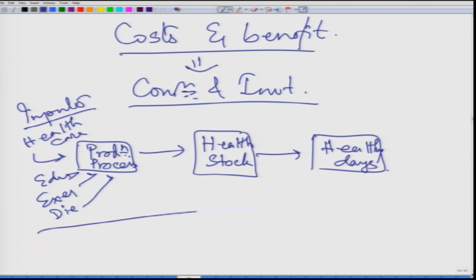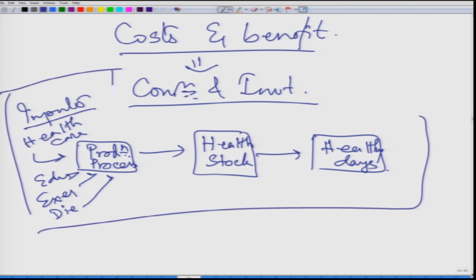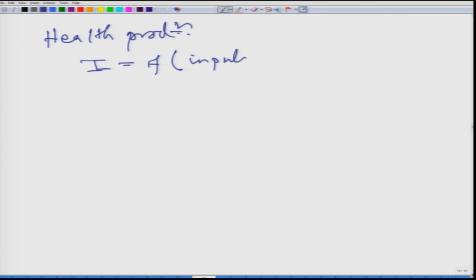Yes, if this is the production process given by Grossman, then we can actually think of two different models, where in one model we take health as a health production, where my health production, or my investment, right, when we are talking about the production, is a function of inputs: my time I spent on health, as well as my education.